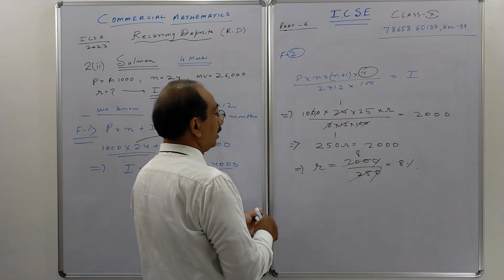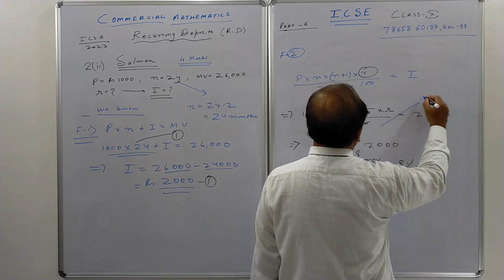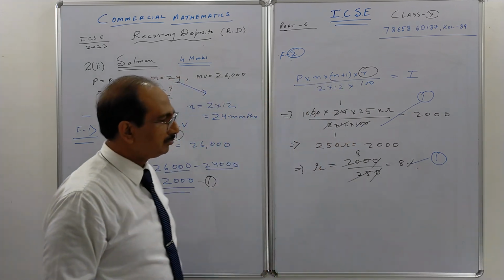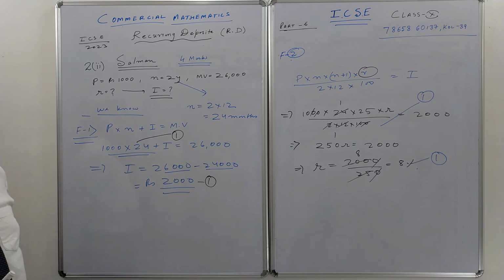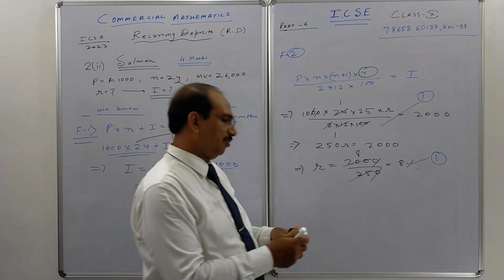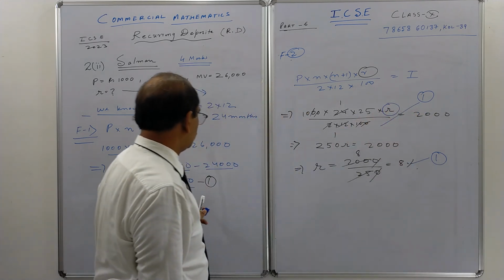So children, for the other 2 marks, 1 mark maybe for correct substitution and 1 mark for the rate. Roughly this is how you get the marks in a 4-mark question, so try to show each step. Correct substitution: we have to find R, let R be here, and the interest is 2000.